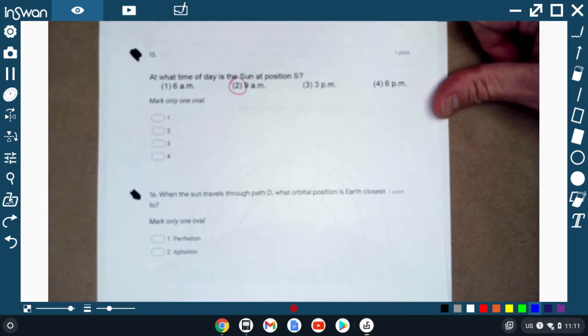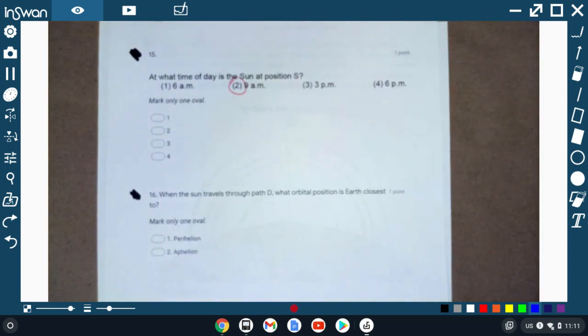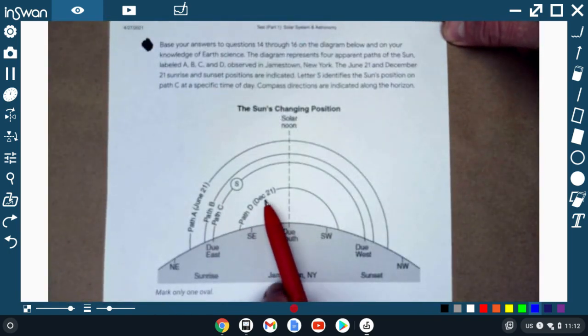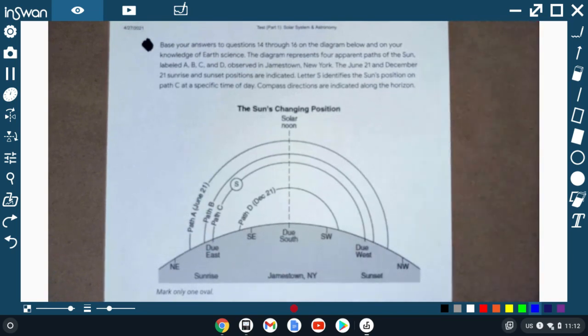Number 16, last question for this diagram. When the sun travels through path D, what orbital position is Earth closest? Well, let's look at path D. Well, here's path D, December 21st. If you looked at that diagram inside of our notes, we could see that that is December 21st, and that's when the sun is the closest to the Earth.